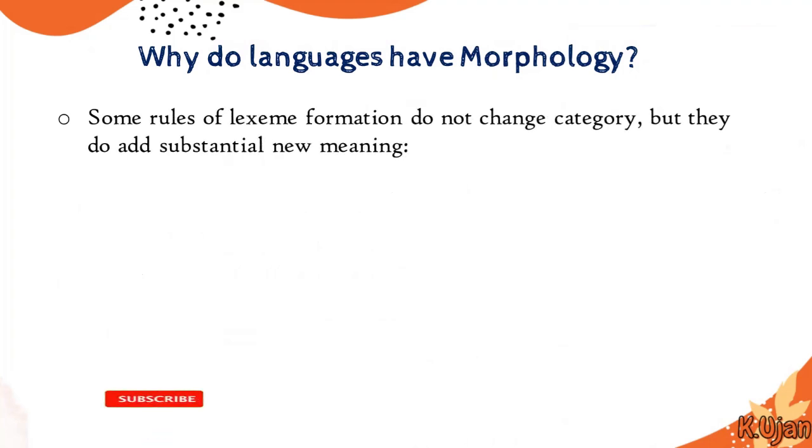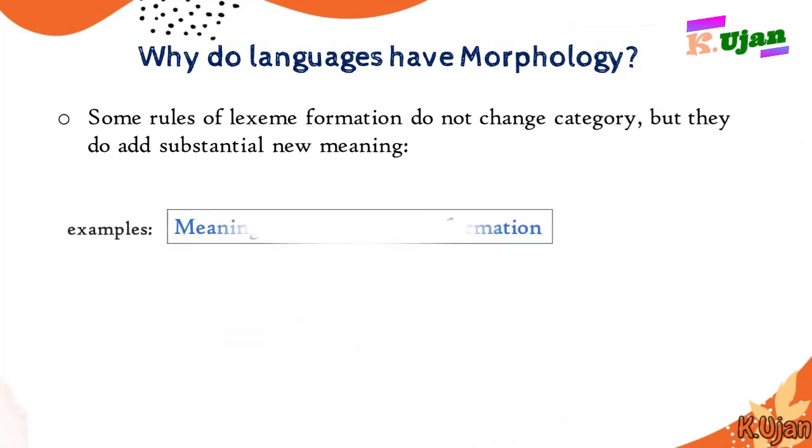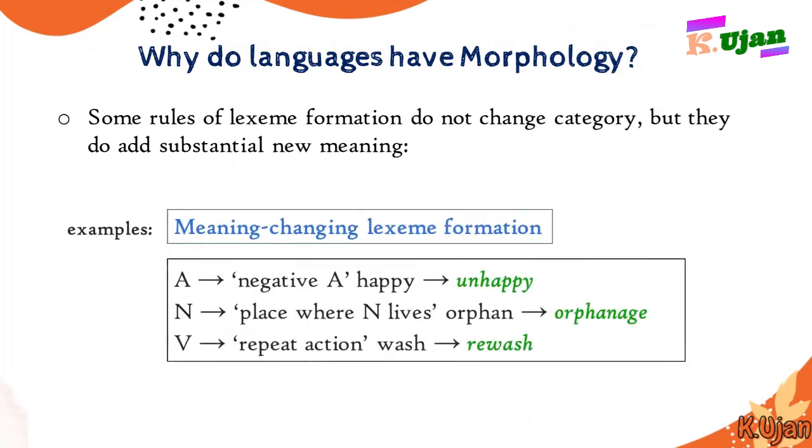There is another area to discuss. Some rules of lexeme formation do not change category, but they do add substantial new meaning. Sometimes they do not change category, but they change the meaning, like the word happy, unhappy. So it changes its meaning. It is the opposite of happy.